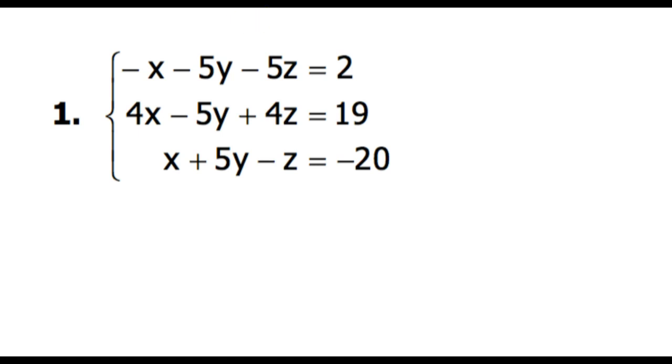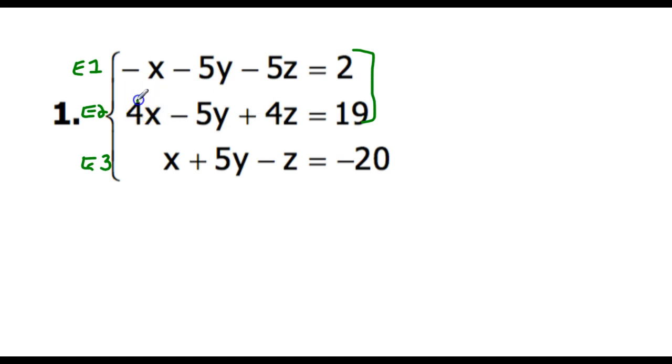Whenever I give it to you listed out as three equations like this, we're going to label the very top one equation 1, the middle one equation 2, and the bottom one equation 3. That way we know what we're talking about. What I typically do is group equations 1 and 2 together and eliminate a variable.